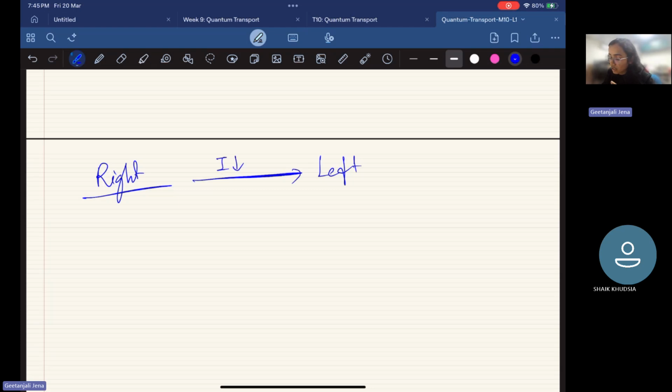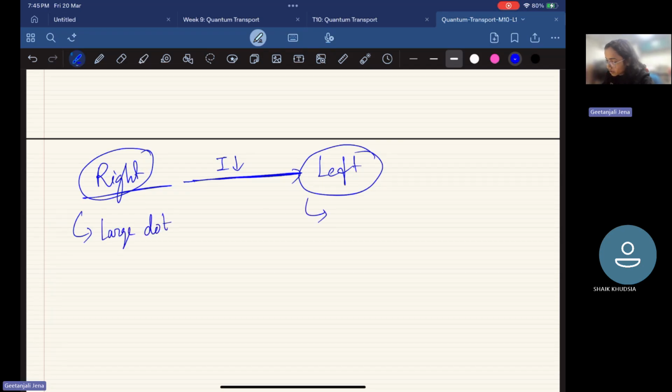So we are moving from a region of high electrons, or a high number of charges, to a region of few charges. And when we move, the current is decreasing. For the right region, we have a larger dot. For the left region, we have a smaller dot.